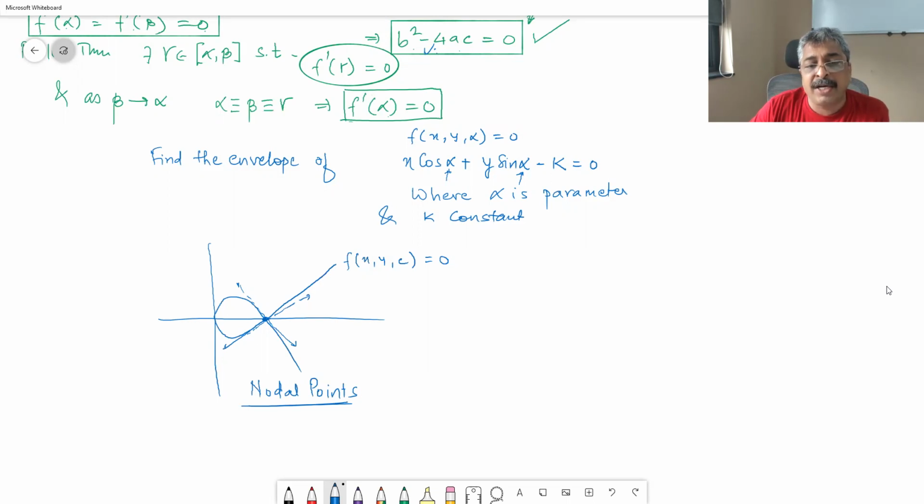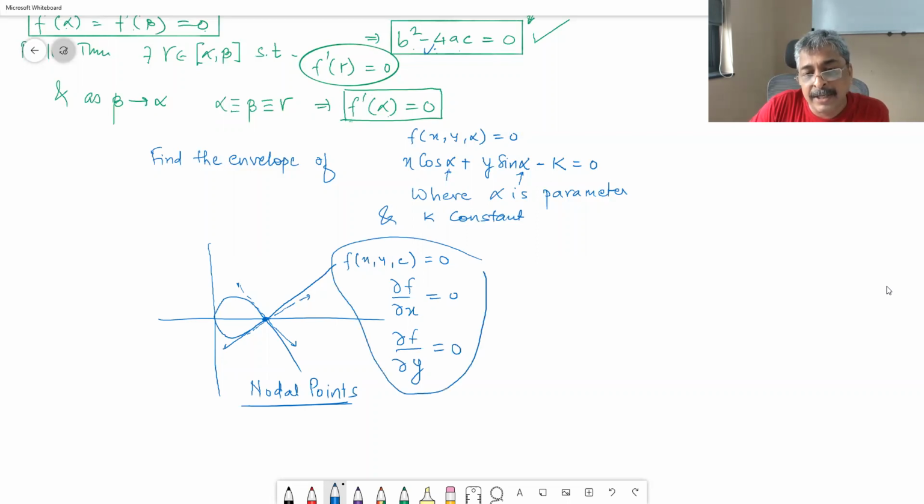Without getting into much theory about it, take f of x comma y comma c is equal to 0, del f by del x is equal to 0, and del f by del y is equal to 0. If you solve these three simultaneously, you will end up getting all nodal points.